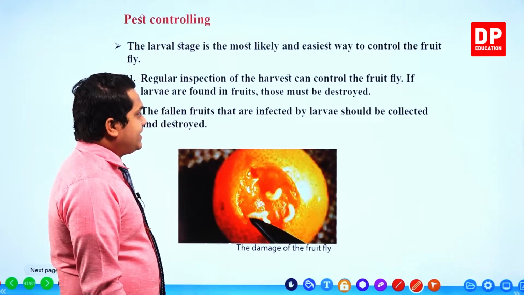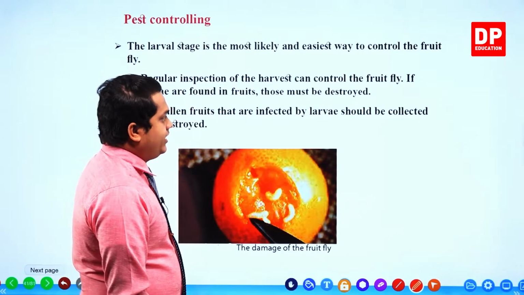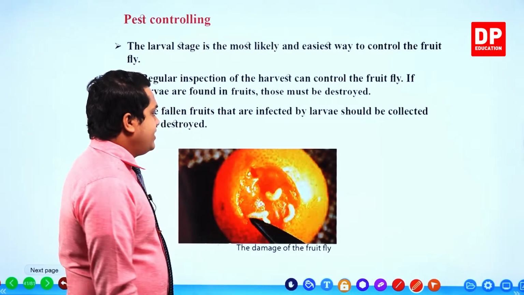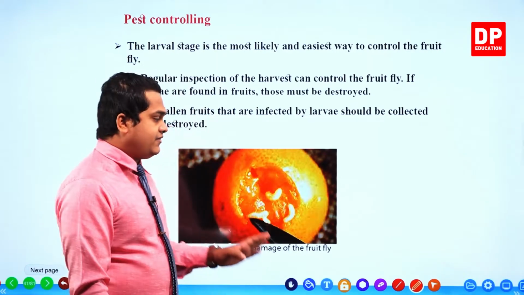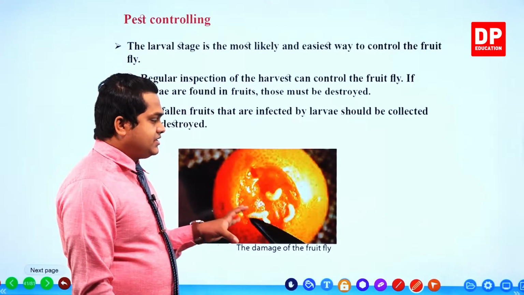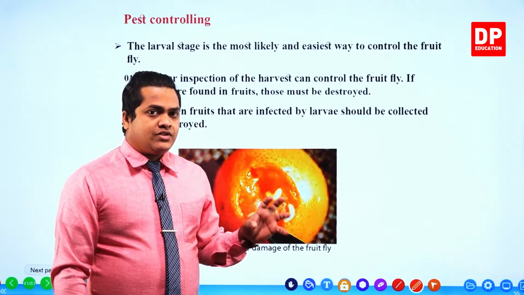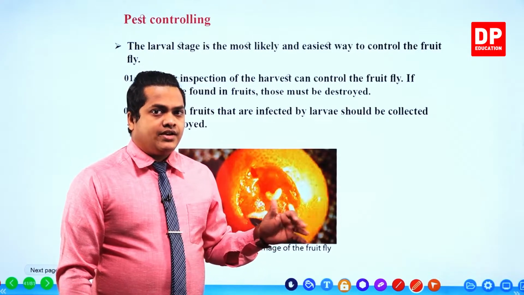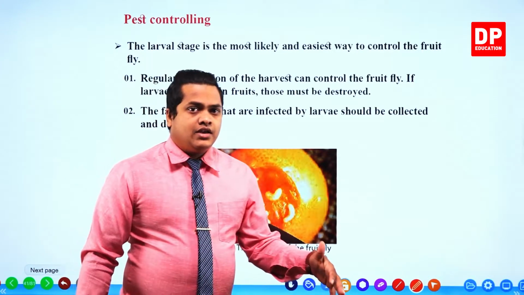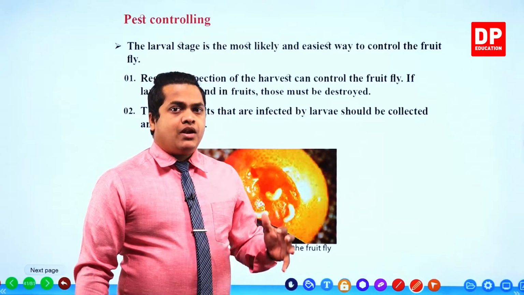Then, fallen fruits that are infected by larvae should be collected and destroyed. Now this is a fallen fruit. You know that normally rotten fruits fall down from the plant.